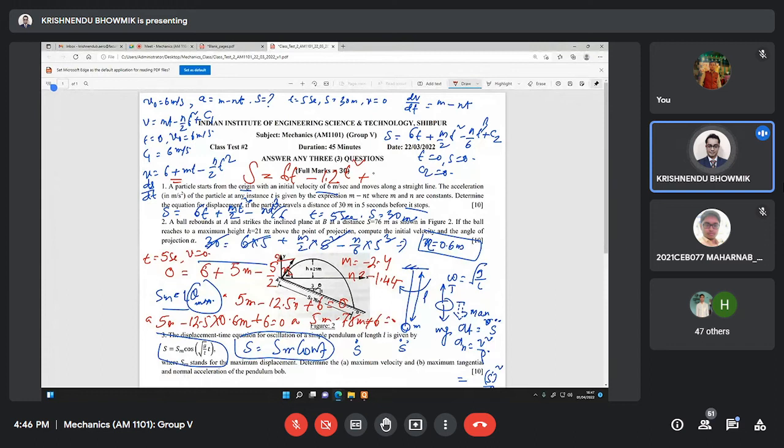So this by 6 basically, so 2.4 t cube. This is the expression in meter. s will be in meter, t is in second.